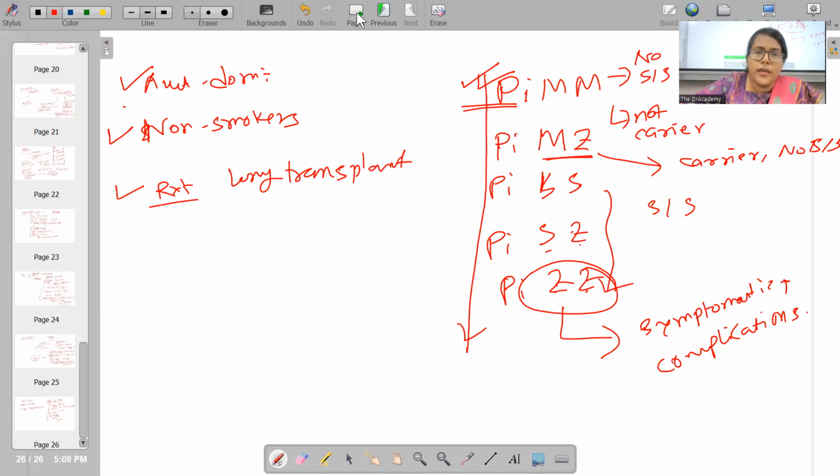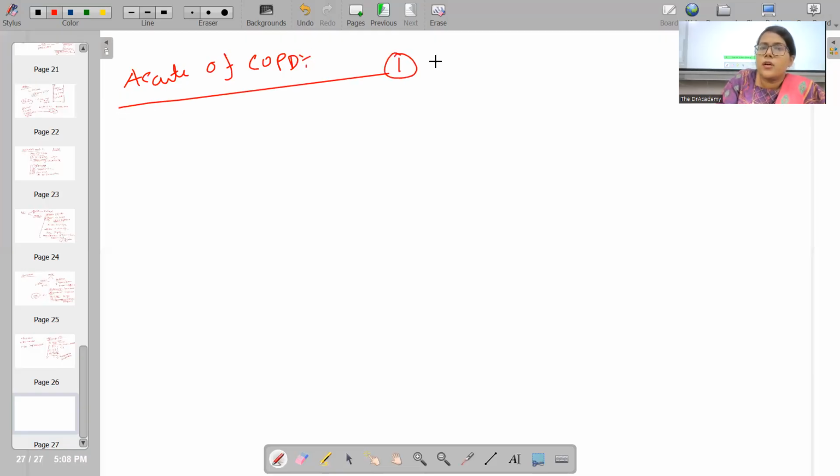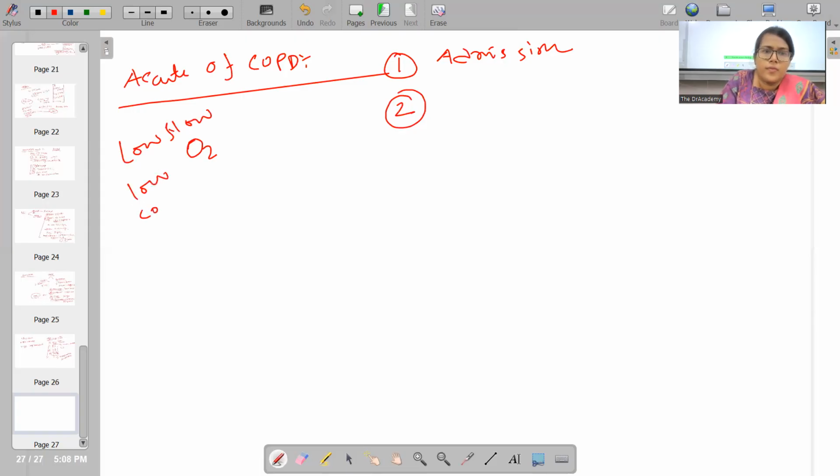Okay, so in case of acute COPD, sometimes there might be questions like acute exacerbation of COPD patient. So what's the management like? First of all, consider admission because the patient might deteriorate in home management. Number 2, you should consider oxygen, but low flow, low concentration. Why? We have read about this so many times back in our 5th year level, okay?